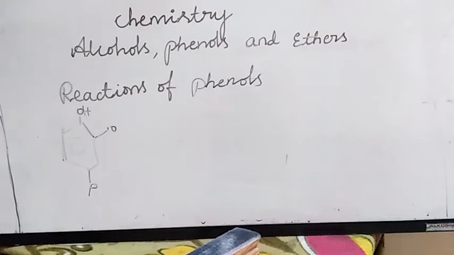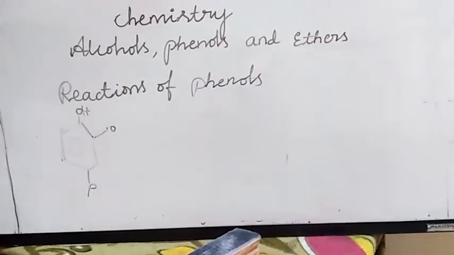The resonance structures are shown in acidity of phenols. You are familiar with how to write the resonance structures of phenol, right? So the common electrophilic aromatic substitution reactions that take place in phenols are as follows.